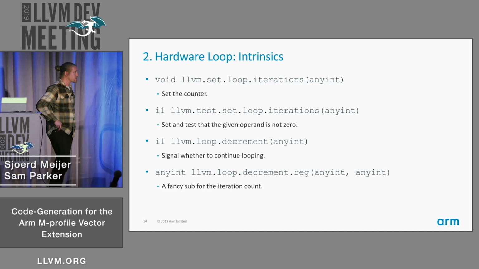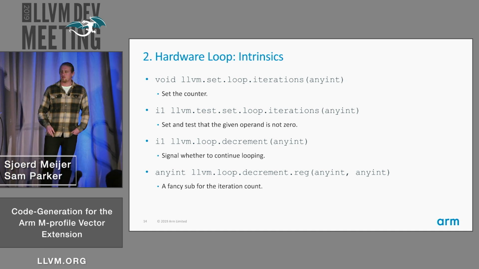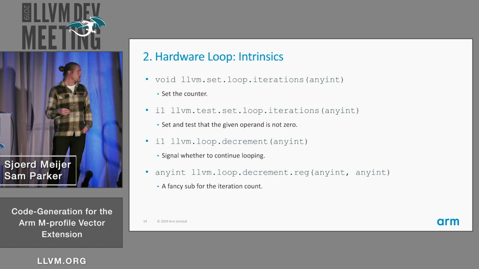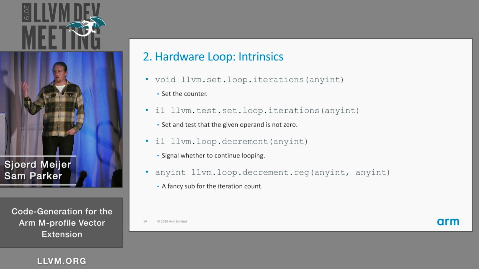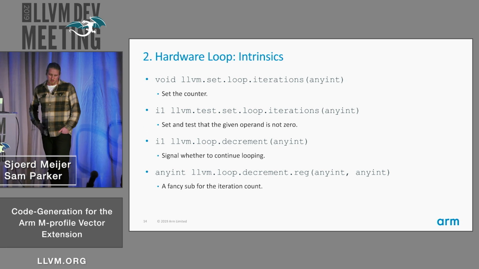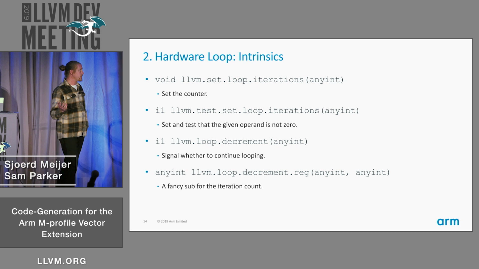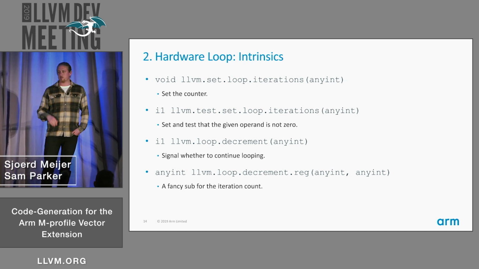So we have 4 intrinsics. We have 2 that set the loop iteration count, and 2 decrement forms that are used in the loop body for control flow. So the first set loop iteration form just takes a value, returns void, so expect this to set some system counter.